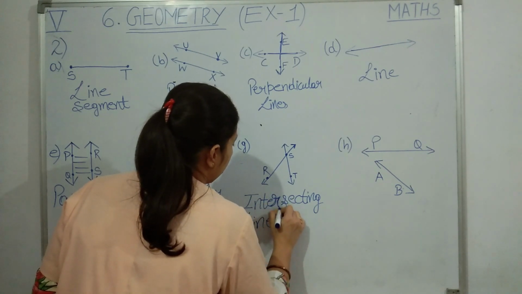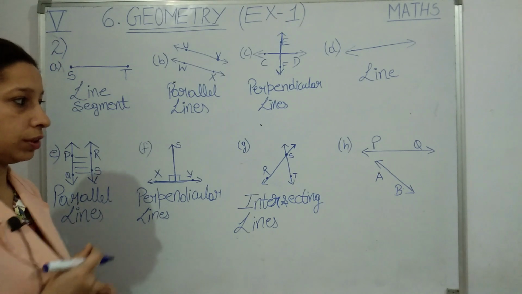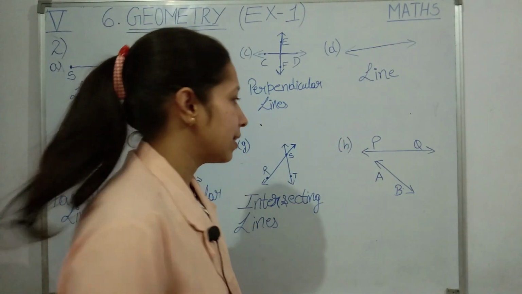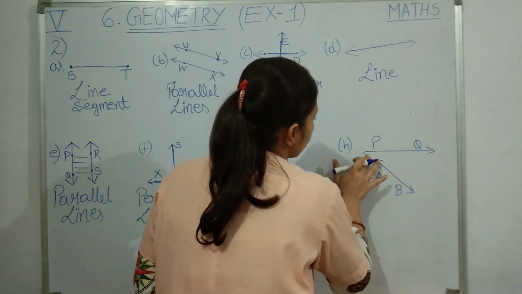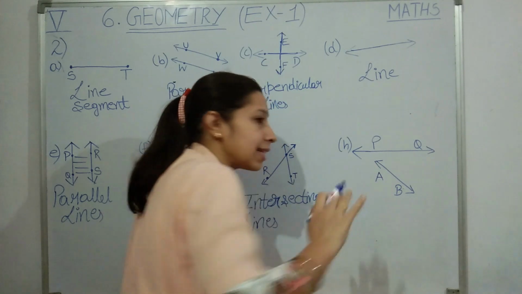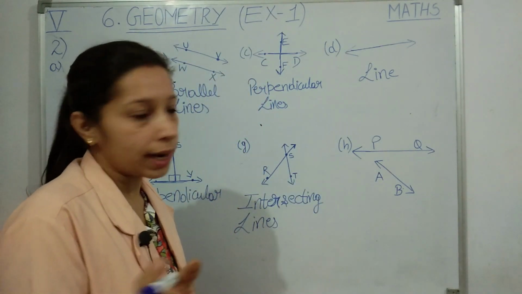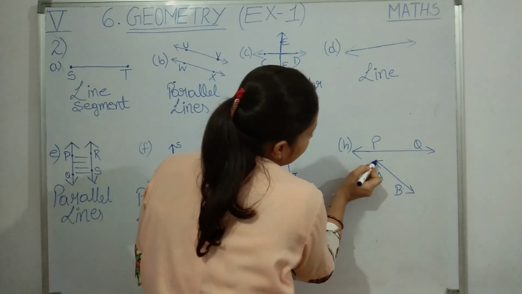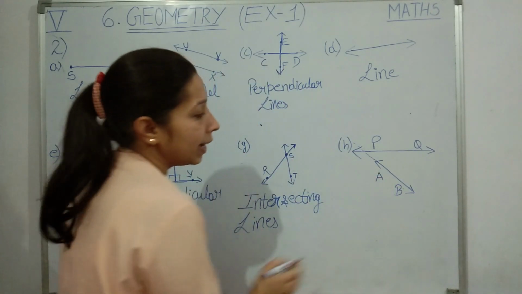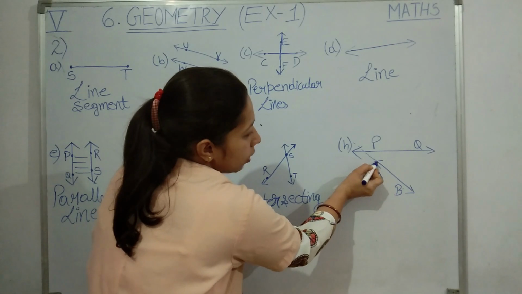Okay. What about H? Two lines are given. Which type of lines are these? Students, you can see in your textbook itself, as it is line, so we can extend it on both the directions now. If I extend this line, then they will become intersecting lines na? They will cross each other.